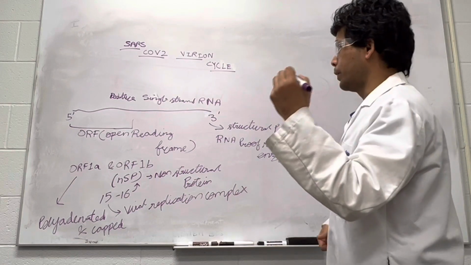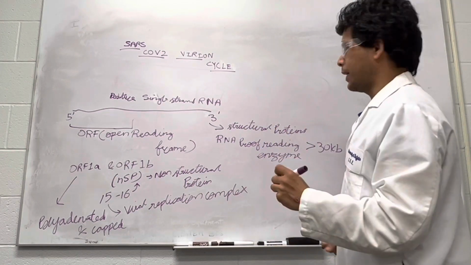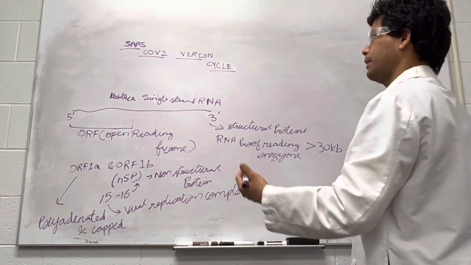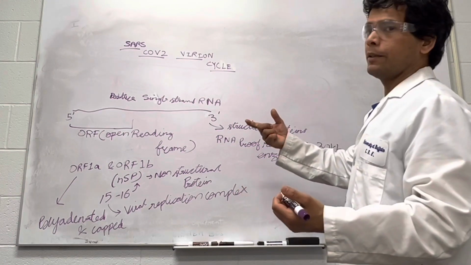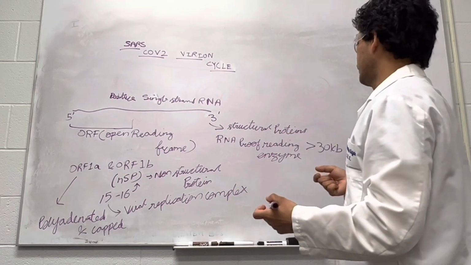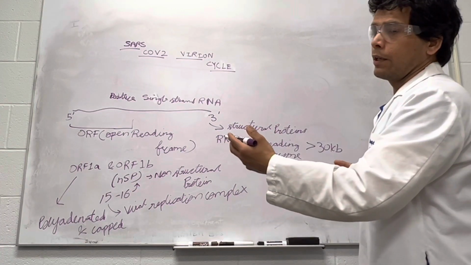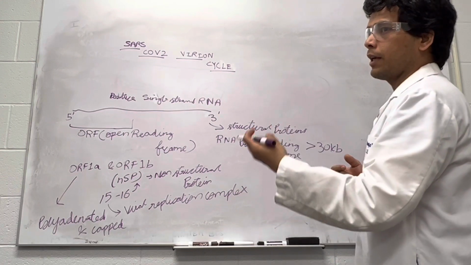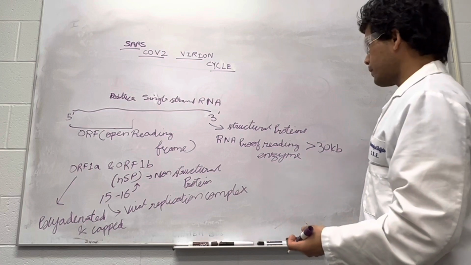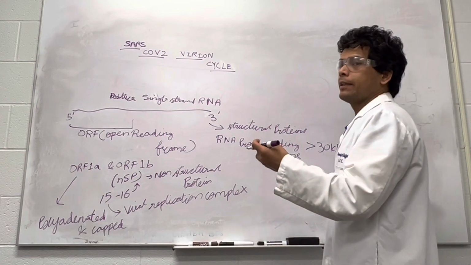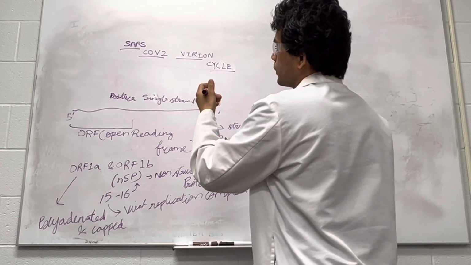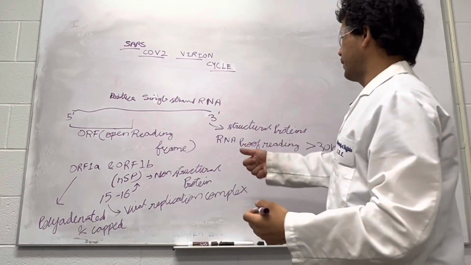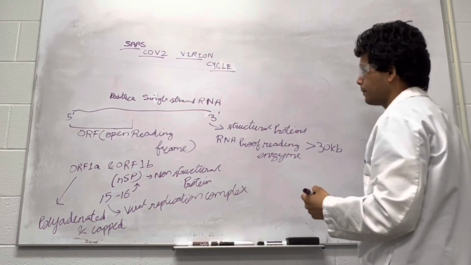So in order to reduce those chances, this RNA proofreading enzyme is present in SARS-CoV-2, so that the chances of mutation are low, in a way that is harmful for the virus.